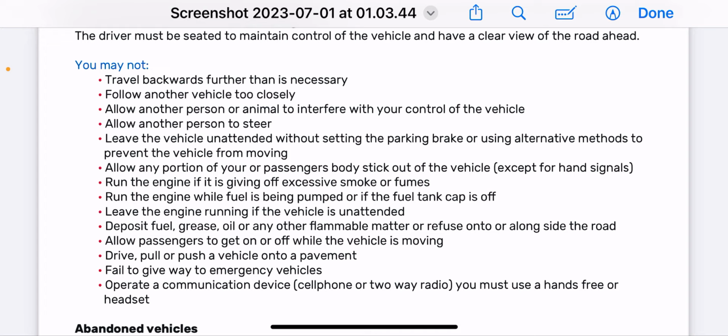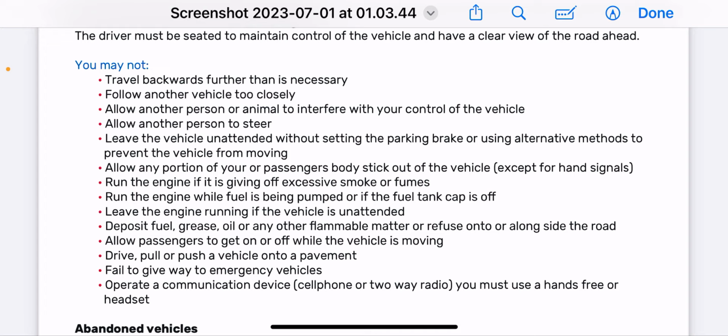You may not allow another person to steer. You may not leave the vehicle unattended without setting the parking brake or using alternative methods to prevent the vehicle from moving. And then you may not allow any portion of your passenger's body to stick out of the vehicle except for hand signals.